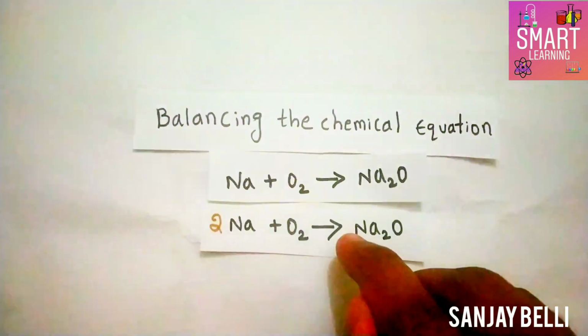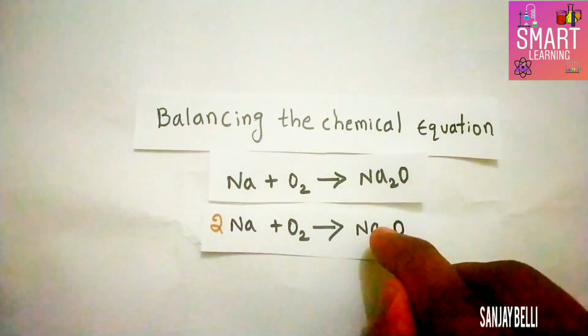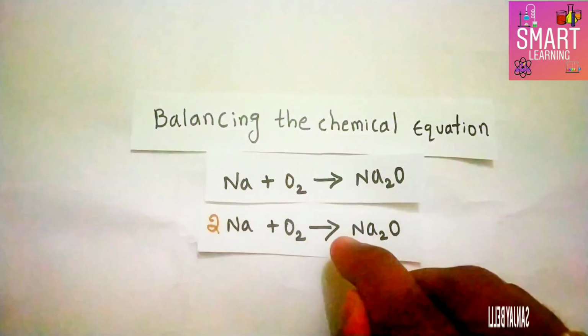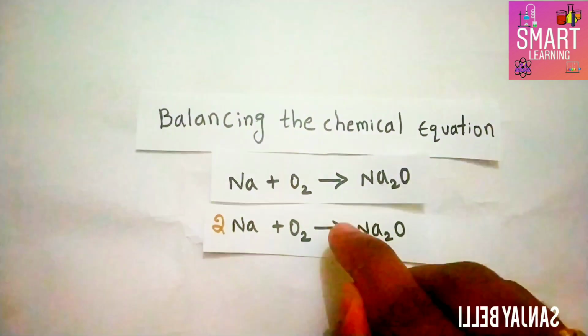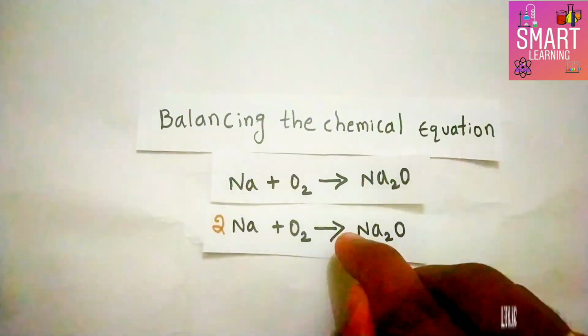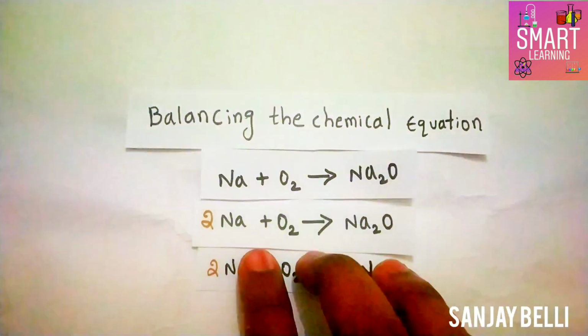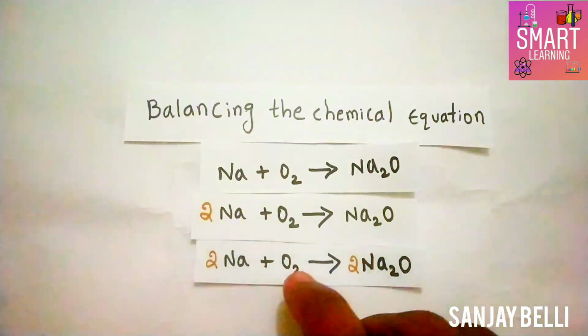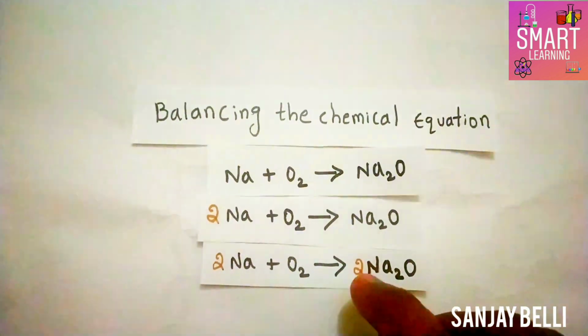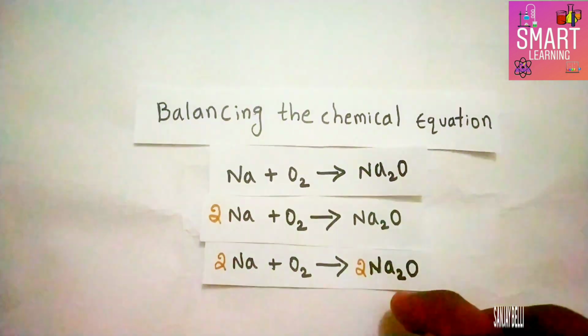And remember, we should not write anything in the middle between Na and O. So you have to write the multiplication factor at the front itself. So I am multiplying here by 2. So 2Na plus O2 gives rise to 2Na2O.